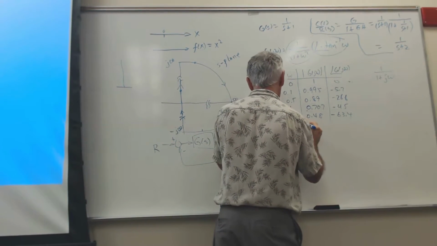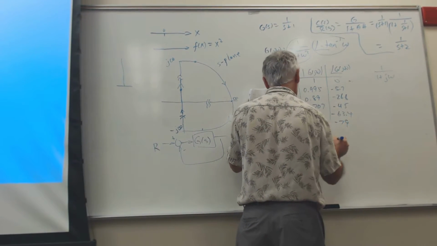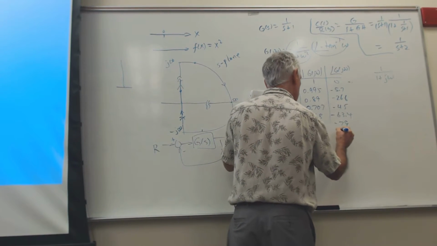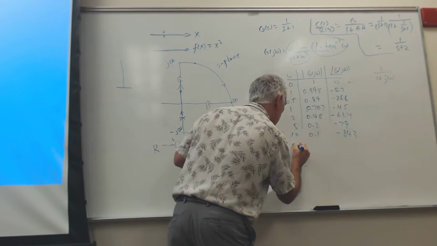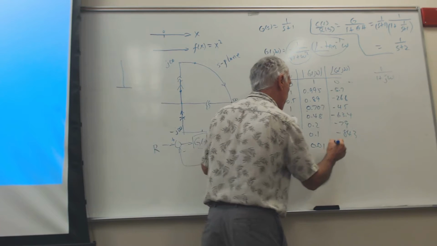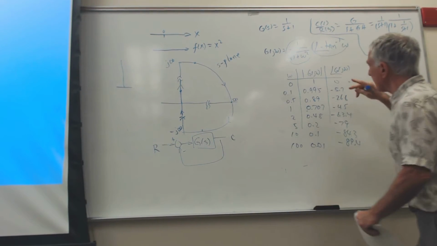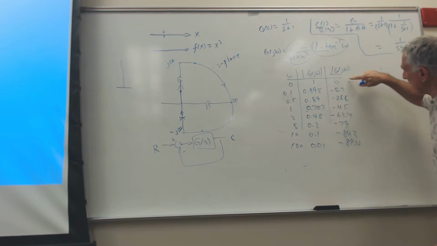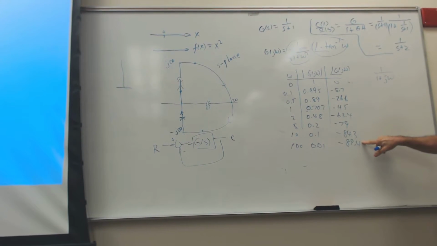We have 5, we have 0.2 for magnitude and minus 79, okay? And 10, we have 0.1 and minus 84.3. And let's say we have 100, we have 0.01, and the phase is minus 89.4. So you see that the magnitude is getting smaller and smaller, and the phase is getting larger in the negative direction towards minus 90 degrees.